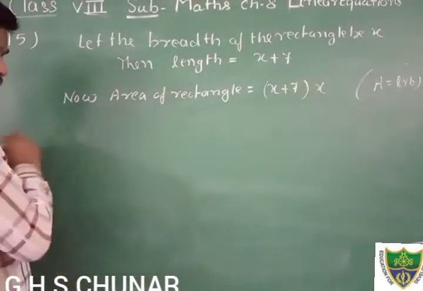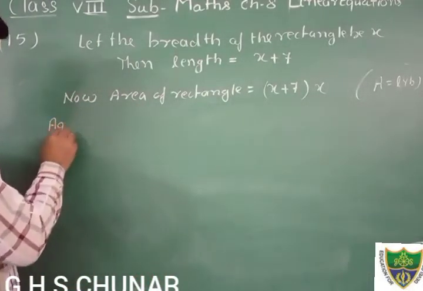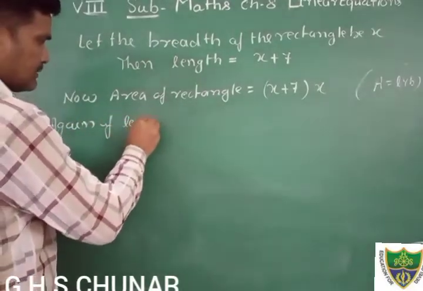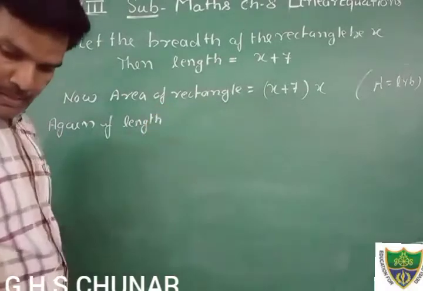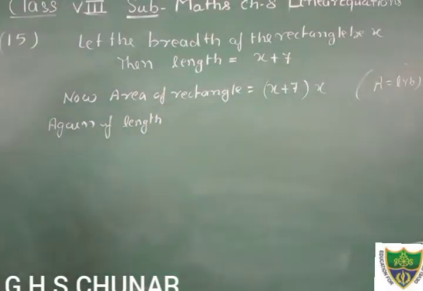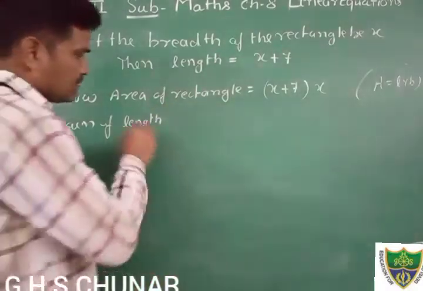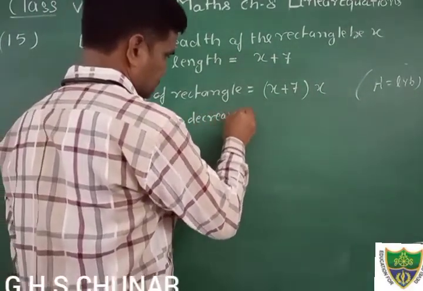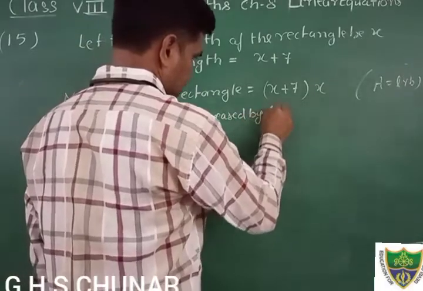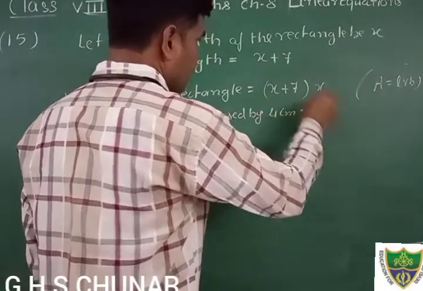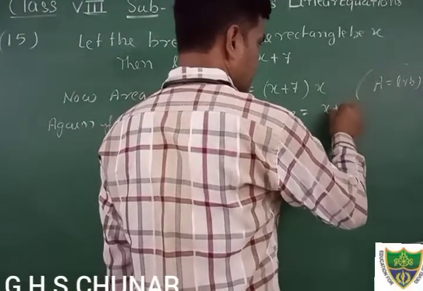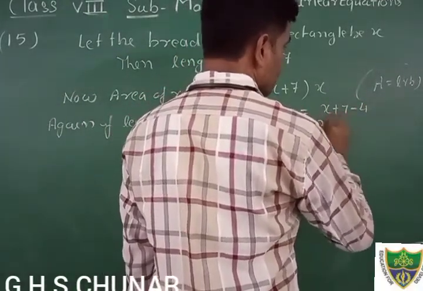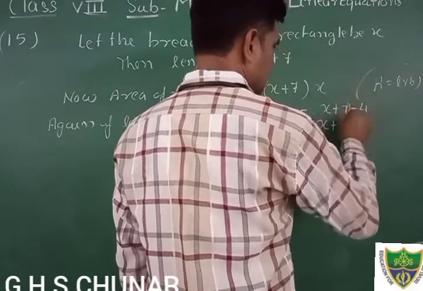Now again, if the length is decreased by 4 cm, that is x plus 7 minus 4, that is x plus 3.